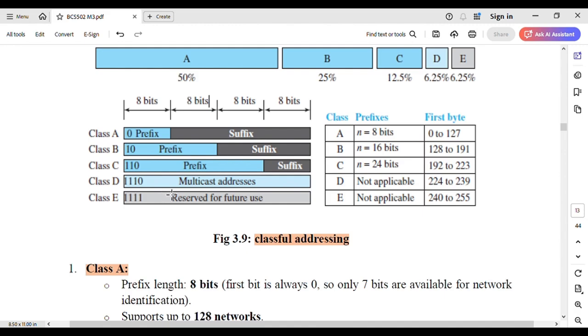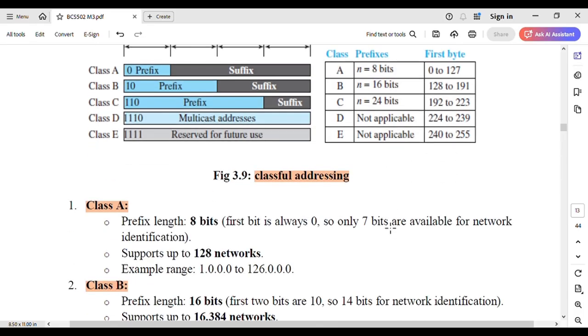Next, class D is reserved for multicast addresses, and the first byte ranges from 224 to 239. Class E is used for future use or research and development purposes, and the first byte ranges from 240 to 255.